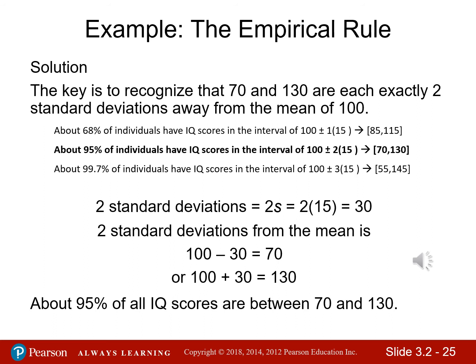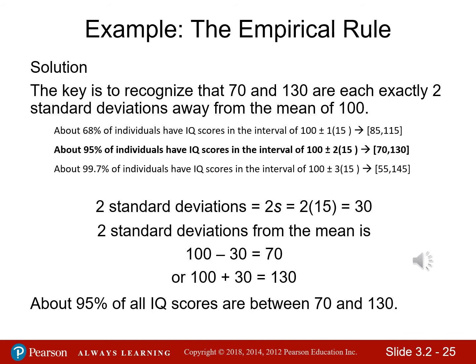About 95% of individuals will have an IQ score in the interval of 100 plus or minus 2 times 15. And so that interval will be 70 to 130. So we can say about 95% of individuals will have an IQ score between 70 and 130.